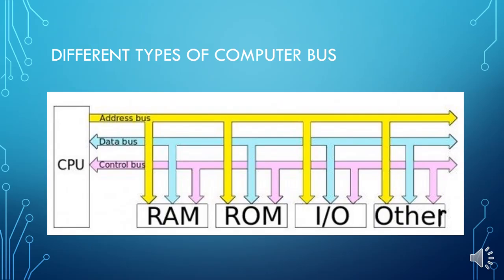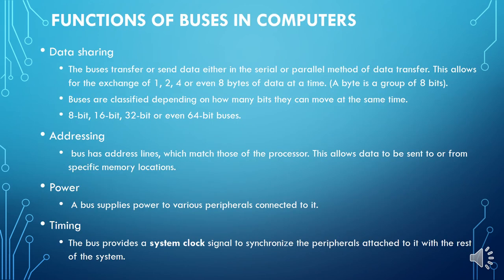Only the address bus is one way while the data bus and control bus are two way. One way means the CPU can only send signals to RAM, ROM, IO and others, while the data bus and control bus can send as well as receive to and from the CPU to other RAM, ROM, IO or other peripheral devices.